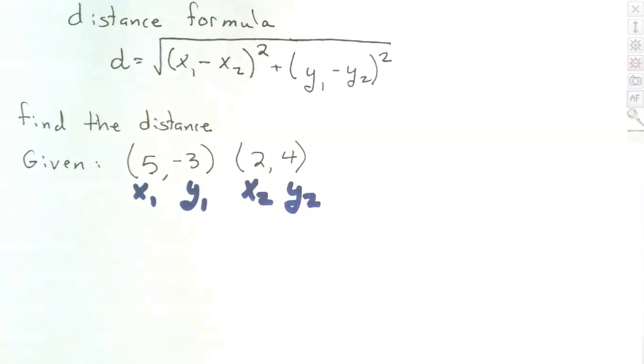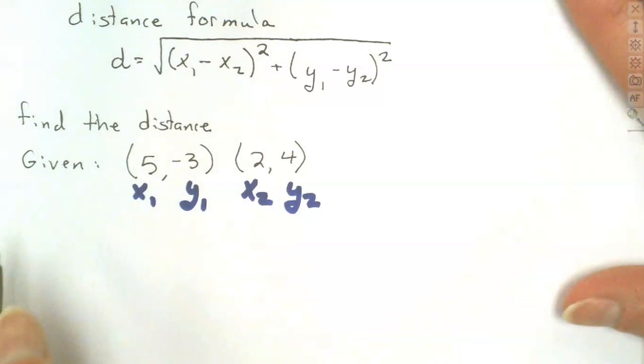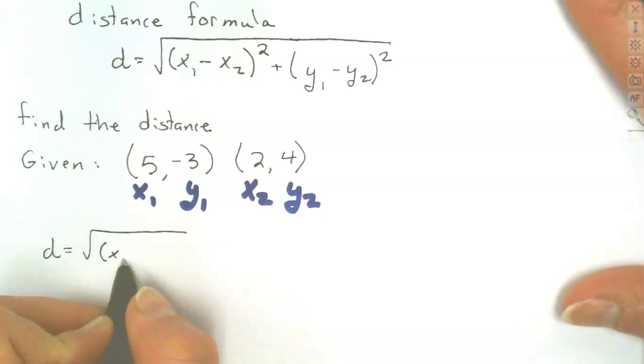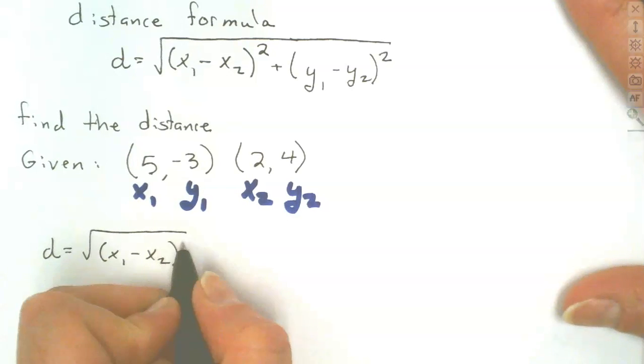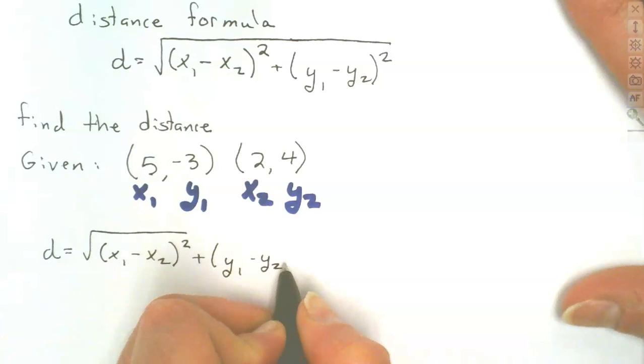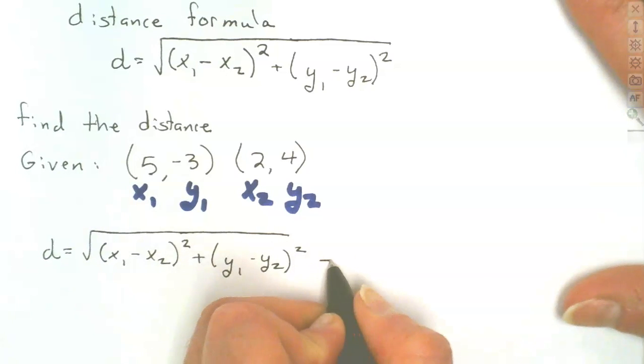Now with the distance formula, we've got to be careful because we may have double negatives and we've got to square things as well as taking the square root. So I'll always like to write up our formula. So D equals the square root of x1 minus x2 squared plus y1 minus y2 squared. And we're going to now go ahead and plug in our values.